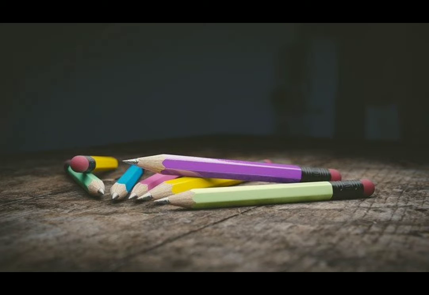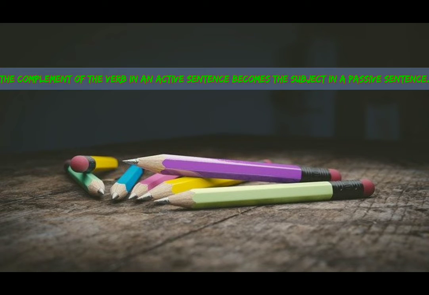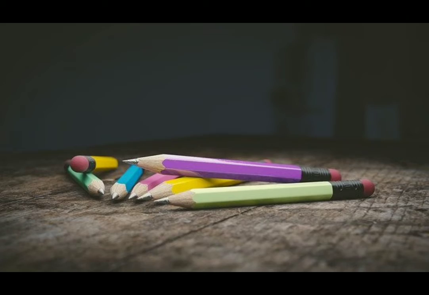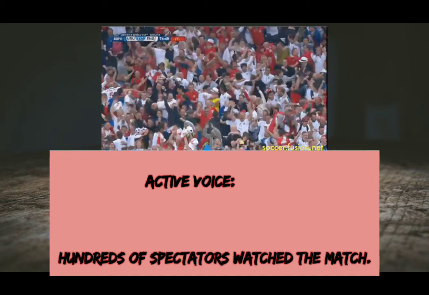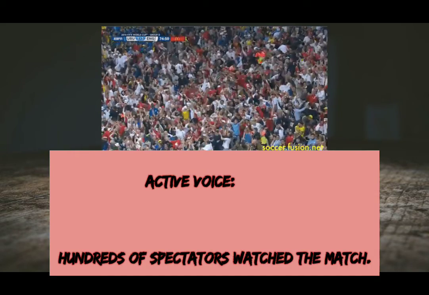The final difference we will look at today is that in the active sentence, the expression which serves as a complement of a verb surfaces as the subject of the sentence in the corresponding passive construction. In the example, hundreds of spectators watch the match.